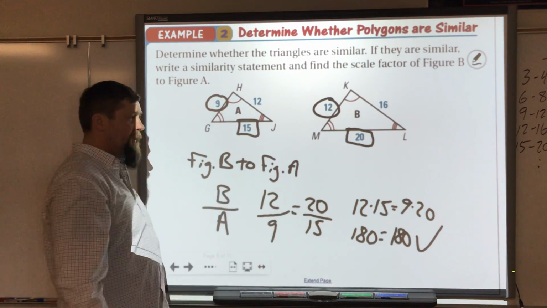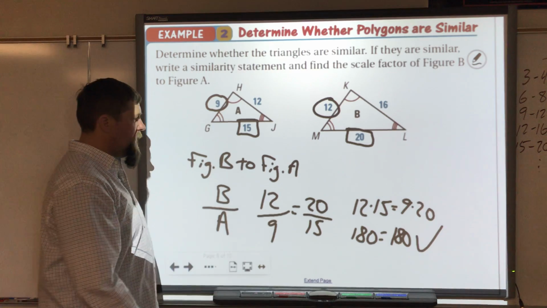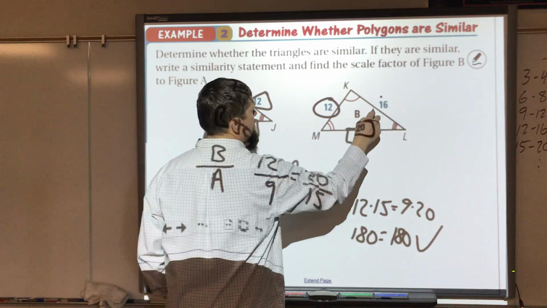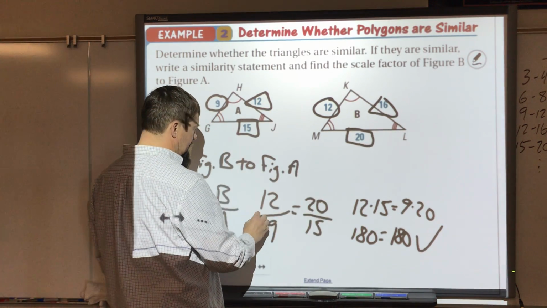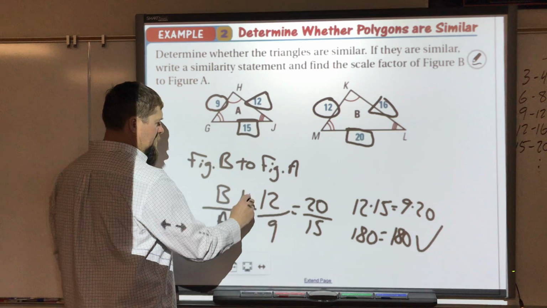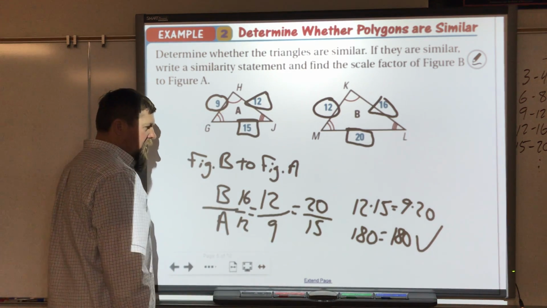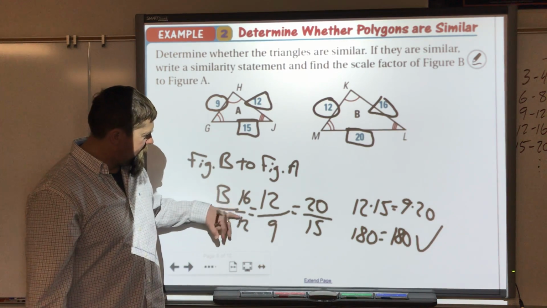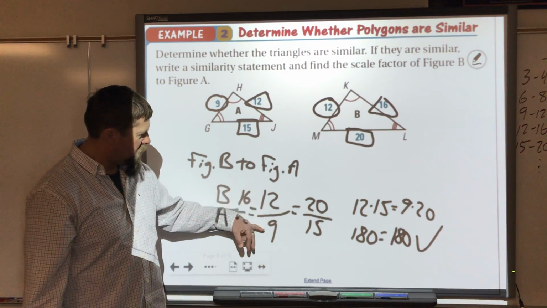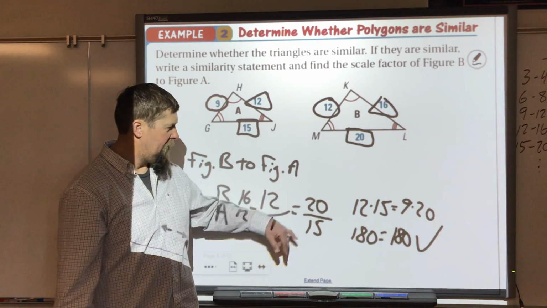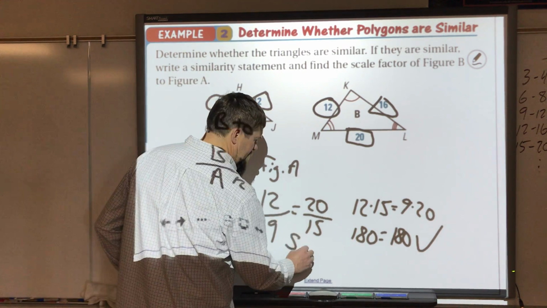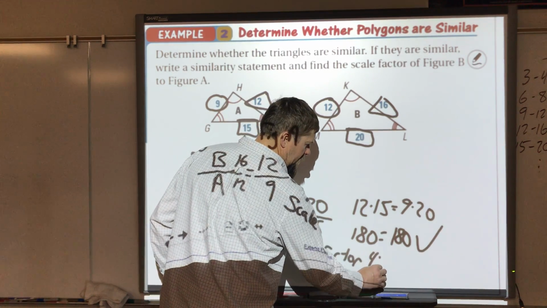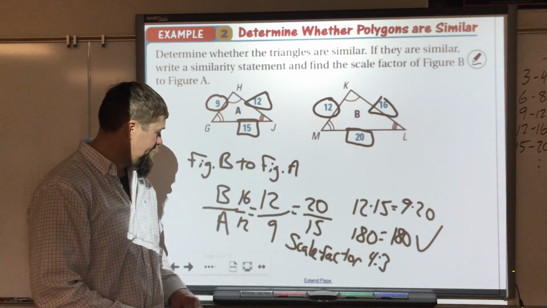Now that also needs to be the same as 16 over 12. They are all the same ratios because if you simplify them, these both divide by 4 and give you 4/3. These both divide by 3 and give you 4/3. These both divide by 5 and give you 4/3. So the scale factor is 4 to 3 or 4/3.